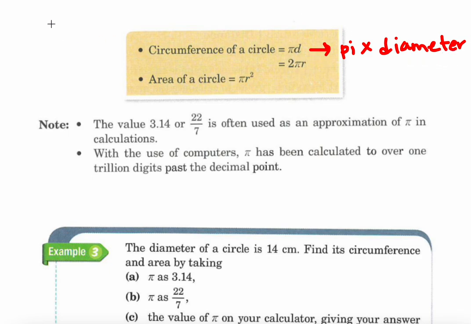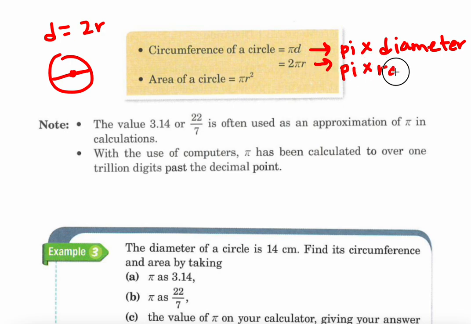And then we know since diameter equals 2 times the radius, because the diameter is all the way across and the radius is only halfway across, we could also calculate it by taking pi and multiplying by radius and then multiplying by 2. Okay, because sometimes the problem gives you the radius but not the diameter. You just have to know that it's half of it, so you still got to multiply by 2.